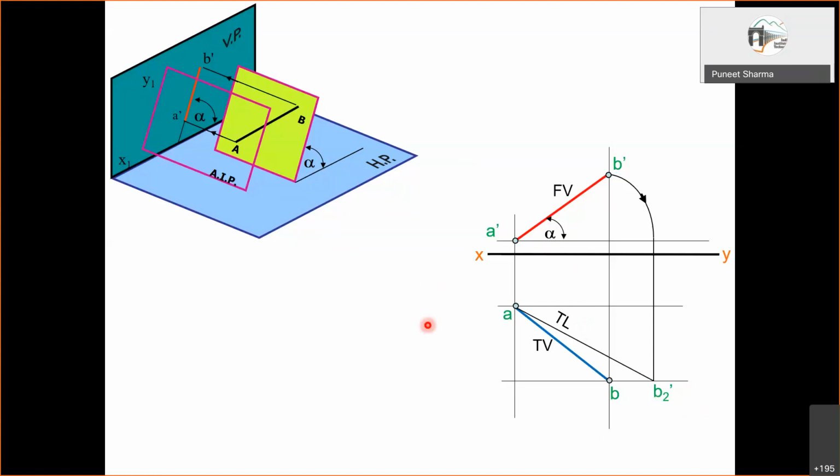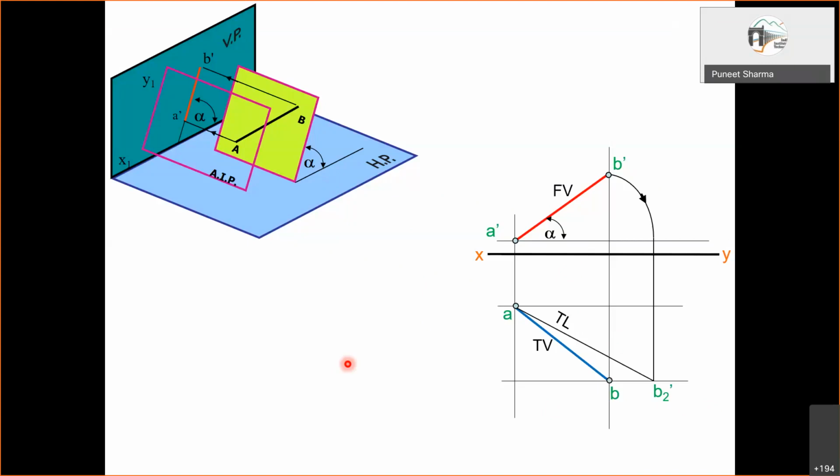Now say if we have to obtain this with the auxiliary top view rather than this method, that is the alternate method we adopt by using the auxiliary plane. Then first of all, we have to choose the auxiliary plane which will be parallel to the line. If we want an auxiliary top view, then the auxiliary inclined plane is to be parallel to the line, right?